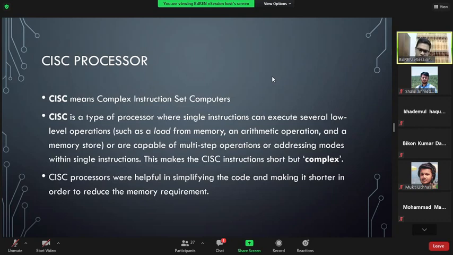Most of the time, the CISC processor is our Intel processor, which we use in our laptop, PC, or workstation, and the RISC processor is generally used in our smaller devices where we need smaller power or it requires smaller processing ability. For example, your router, your printer, your washing machine, your lift panel, refrigerator, your mobile phone, something like this.